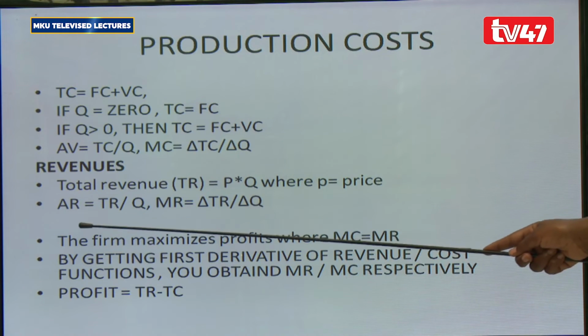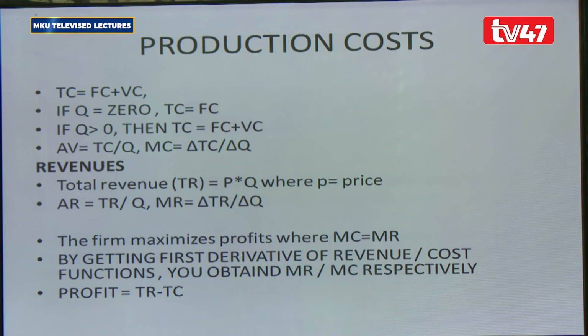The producer is also able to calculate the average revenue, which is the per unit income. Every time he sells one unit of output at whatever price, he gets the average revenue. The marginal revenue is the change in total revenue divided by the change in Q, meaning the extra revenue he gets by selling an extra unit of output.